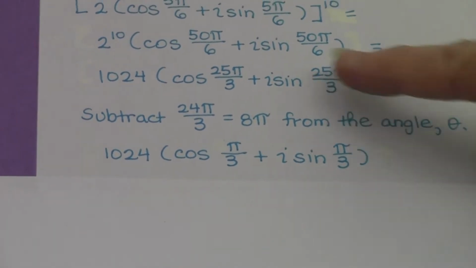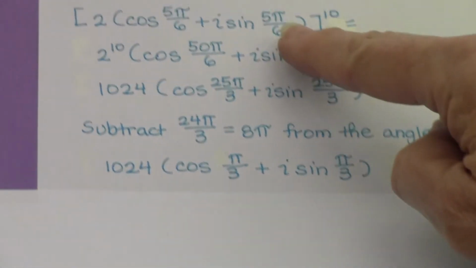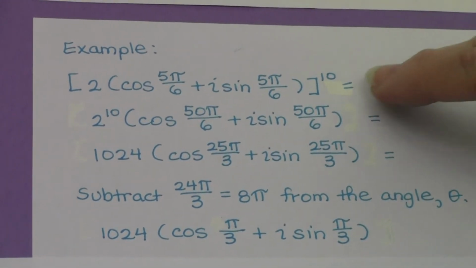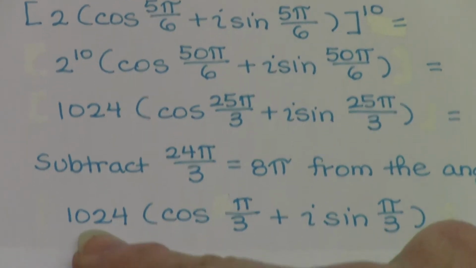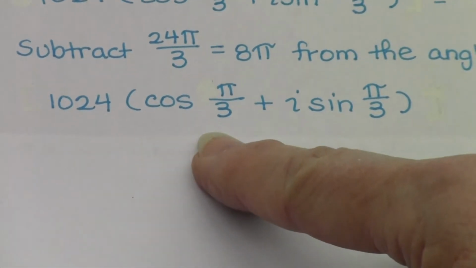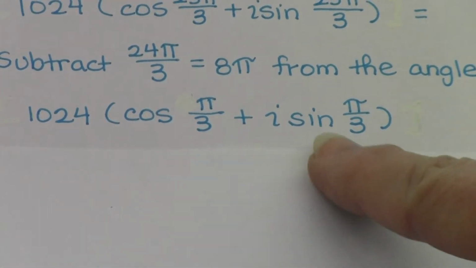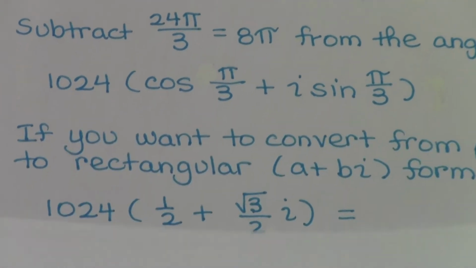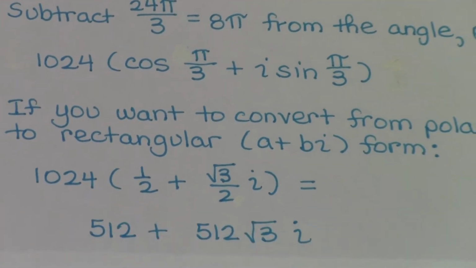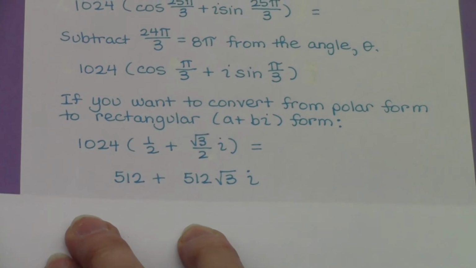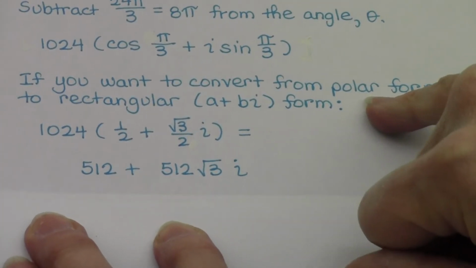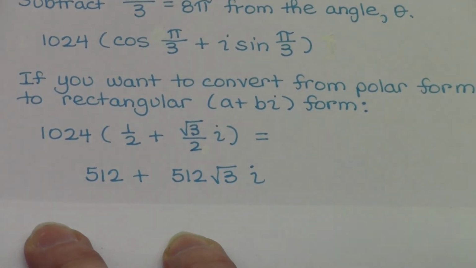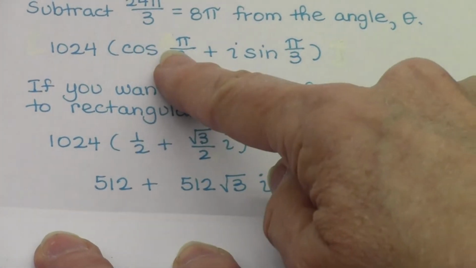So the answer to 2 cosine 5 pi over 6 plus i sine 5 pi over 6, raised to the 10th power, is right here. We do have a big r value, but a very simple angle: cosine pi over 3 plus i sine pi over 3. If your teacher wants you to, we can also convert from polar form into rectangular form by remembering what cosine pi over 3 is.